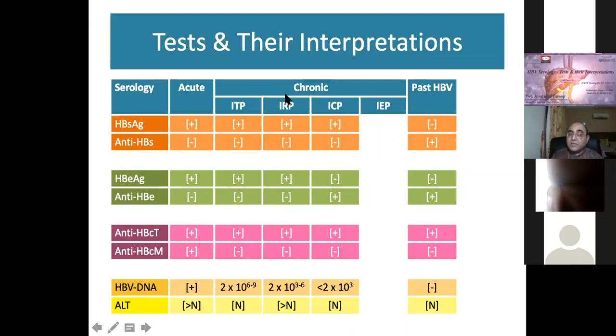And as a result of this immunological attack, the E antigen becomes negative, there's seroconversion, and E antibody will be positive. Rest remains the same. So this is called HBe antigen negative infection. Why do we call it infection? Because ALT is normal and there is no inflammation.